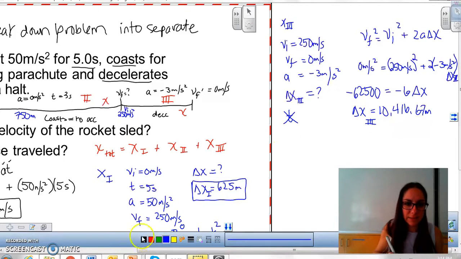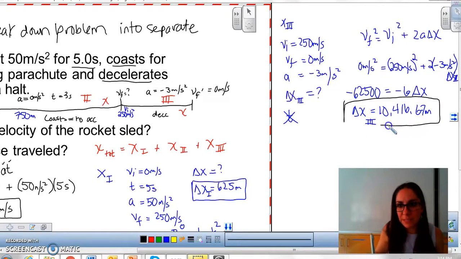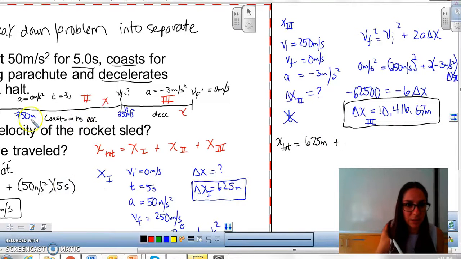All right, and now that we have all 3 distances, we can find the total by adding them up. So the total will be 625, which was the first one. That's where I'm getting that number from. Plus the second distance, which was 750.